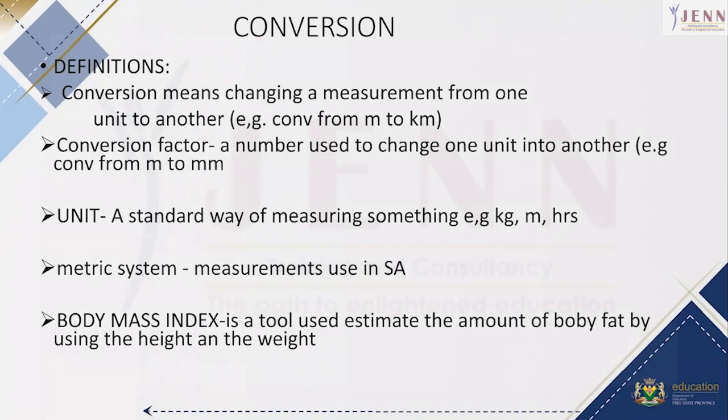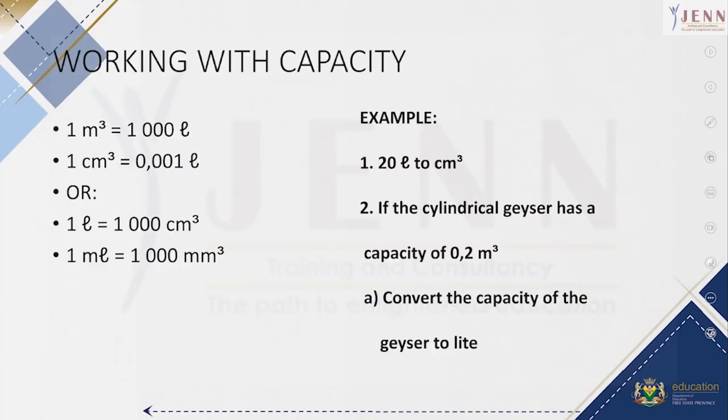Metric system is a measurement that we use here in South Africa, unlike imperial, which is used in other countries. Okay, we have body mass index. Body mass index is a tool used to estimate the amount of body fat by using the height and the weight. All right, I'm going to work with capacity now.